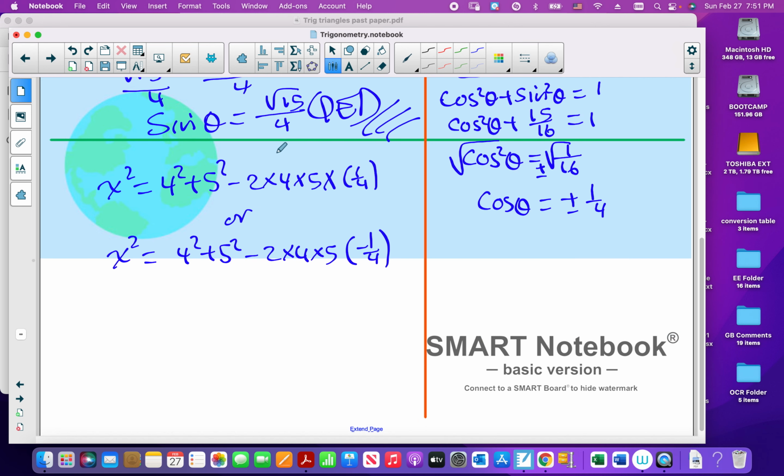In the first equation, I get x squared equal to 41 minus 10, which is equal to 31.